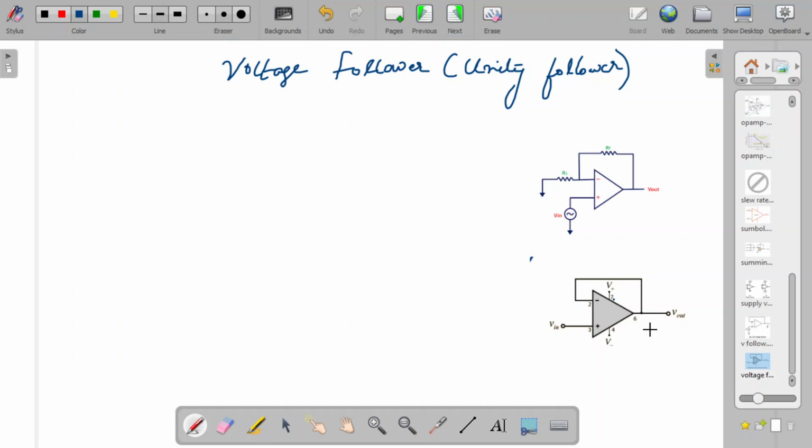This 100% voltage series feedback is taking place because no resistance is put, but the output is directly connected to the input. So this is the voltage follower circuit. You don't have any resistors R1 and RF, but it is connected in a non-inverting mode.